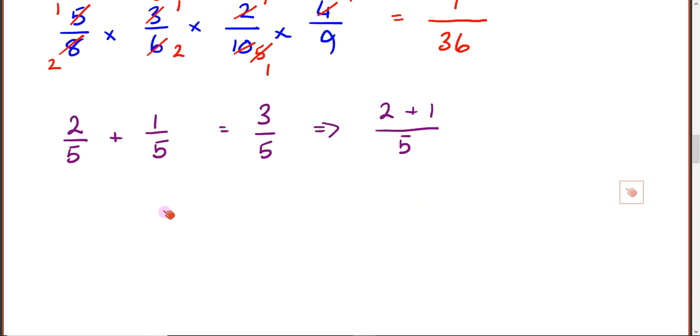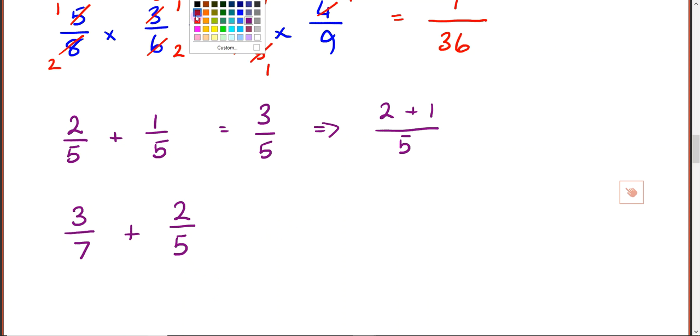So what about if I said 3/7 plus 2/5? Okay, so you would find a common multiple of 7 and 5. You need to find the lowest common multiple of 7 and 5, which is 35.